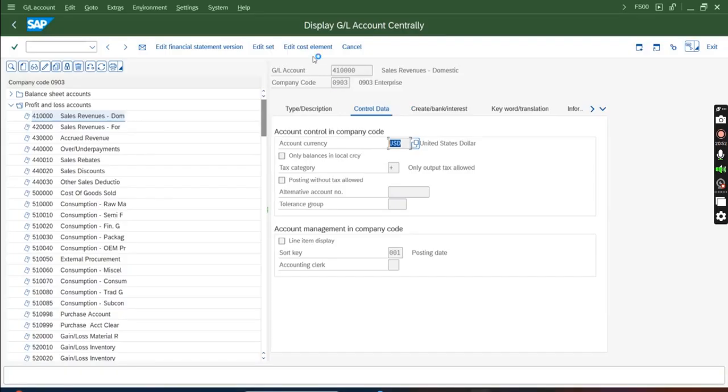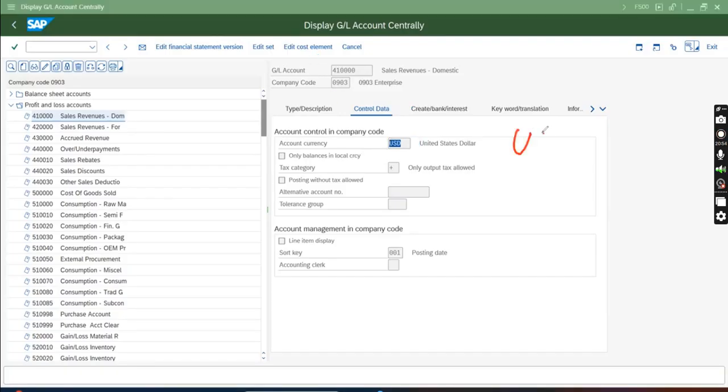Now, if it is recorded in USD, then the document currency is equal to local currency. No conversion needed. But if it is recorded apart from USD, for example, say it is recorded in INR, then my document currency does not equal local currency. Then I have to convert into local currency. Then the exchange rate comes into the picture.